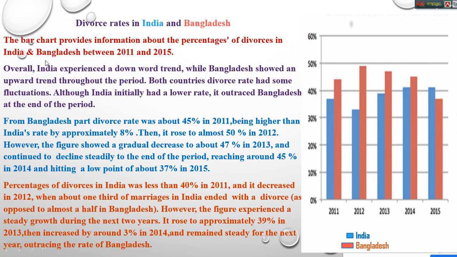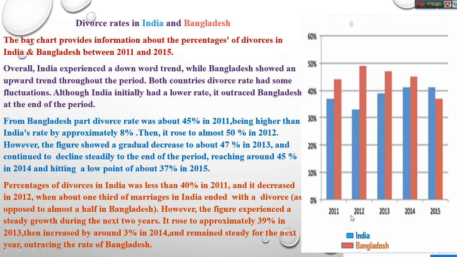Okay. So let's see. The bar chart provides information about the percentages of divorces in India and Bangladesh between 2011 and 2015. As I mentioned earlier, vertically the chart shows the percentages, and horizontally the number of years is given.